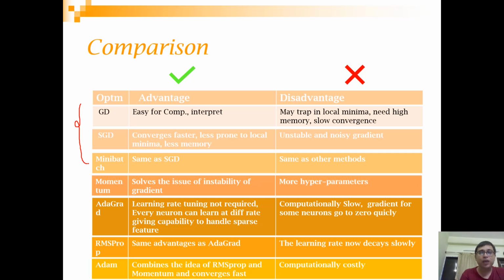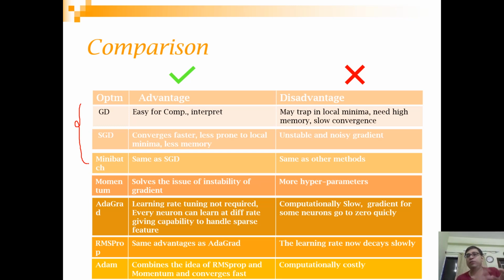And finally, we came to Adam, which combines the idea of RMS prop and momentum and converges fast. It has good behavior, but it is computationally more costly. Much literature suggests that Adam is currently the state of the art algorithm, but you will have to look at your data set and your problem, and see which of the optimizers work well.